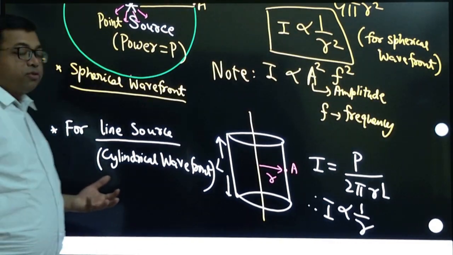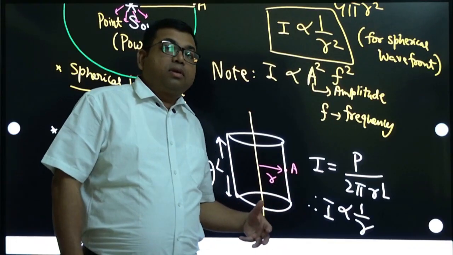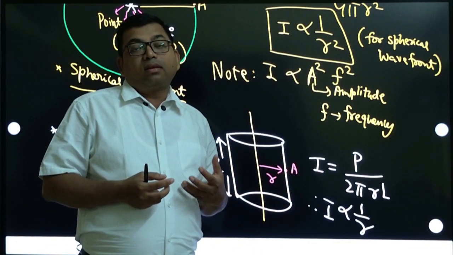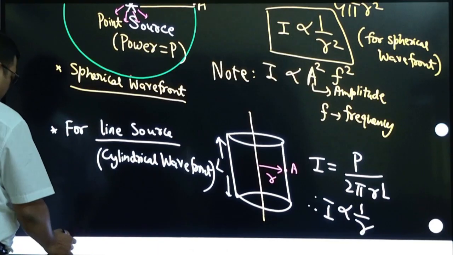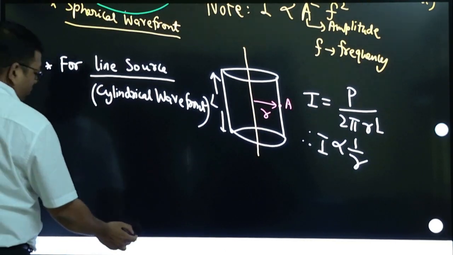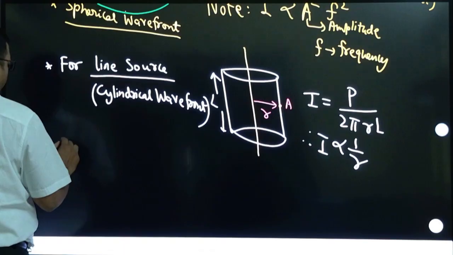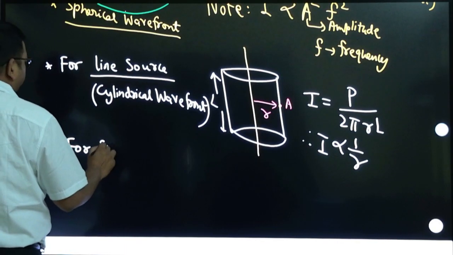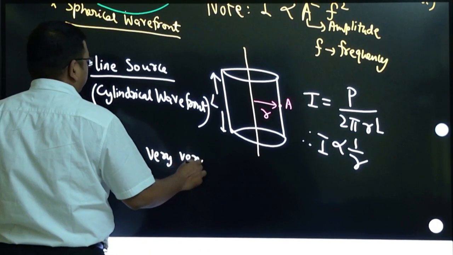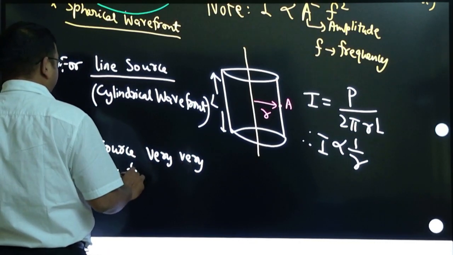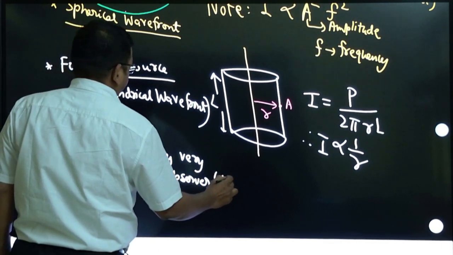What will happen if this source is very far away from the observer? That means it will become like a plane wavefront. So let us consider that: the source for a plane wavefront, or a source very far from the observer or listener.